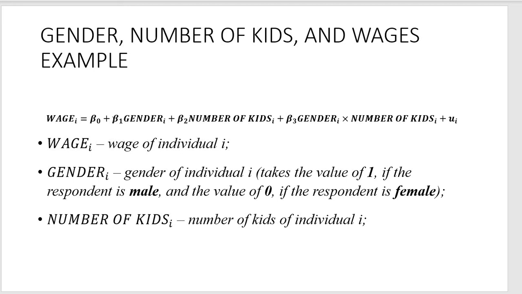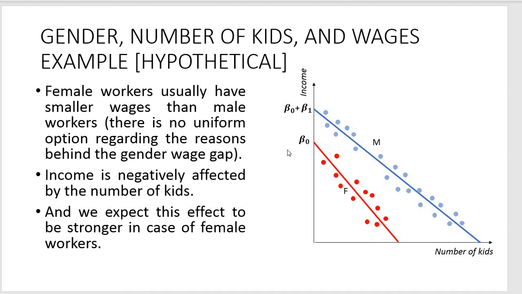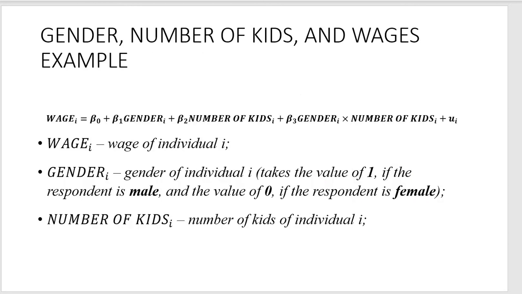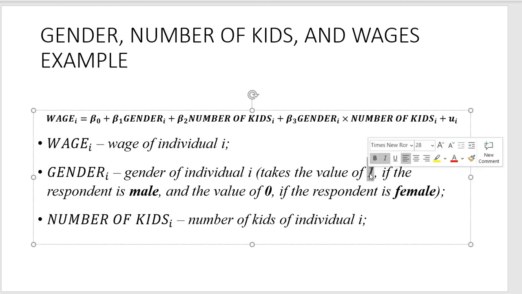So beta 1 will tell me the difference between the values of intercept. I assume to have beta 0 for females and beta 0 plus beta 1 intercept for males, because just to recall, I assumed that the variable takes the value of 1 if the respondent is male.